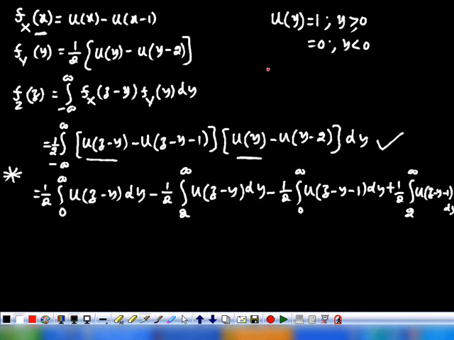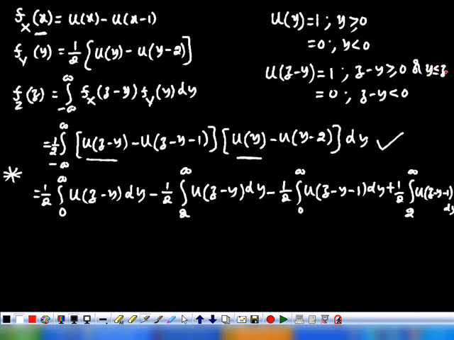We already know that u of z minus y is equivalent to 1 for z minus y greater than 0, and 0 for z minus y less than 0. This can also be written as y less than or equal to z.